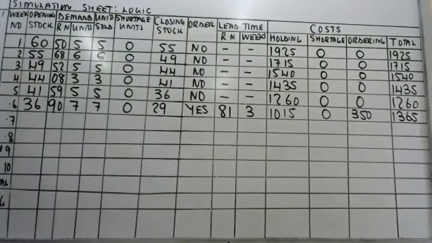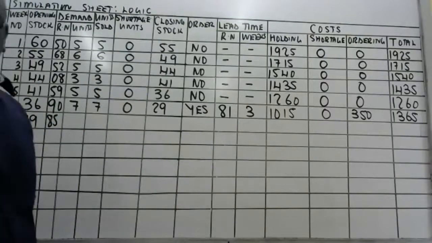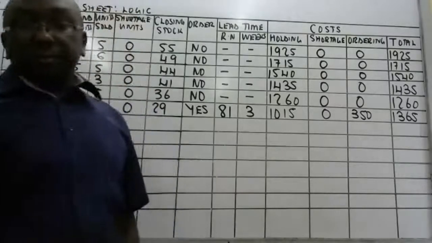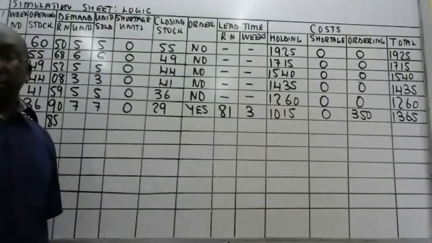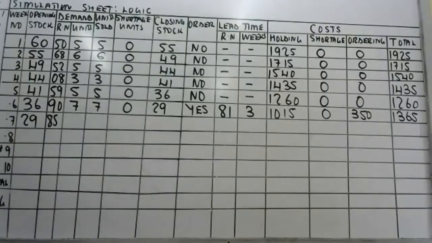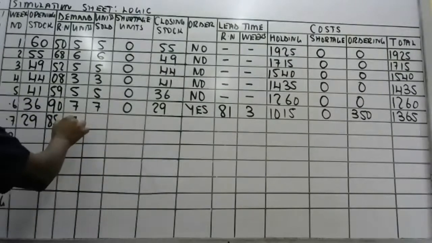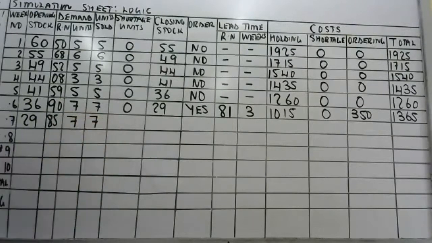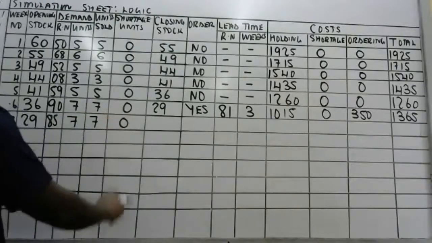So we proceed to week 7, where we are opening with 29. Random number is now 85. 85 is giving us how many units? Yeah, I can see 7. So we sell 7, no one misses.